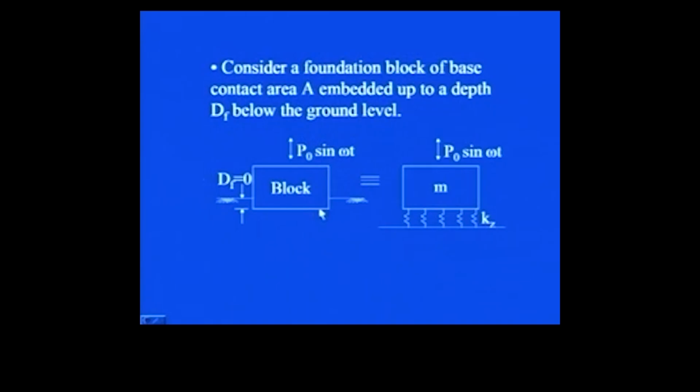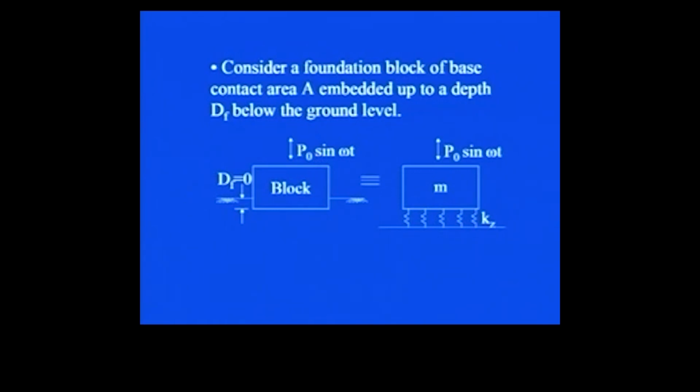So, this is the physical system: this is the soil which is lying here, and with some embedment depth the block is cast, which is subjected to the external force P naught sin omega t.